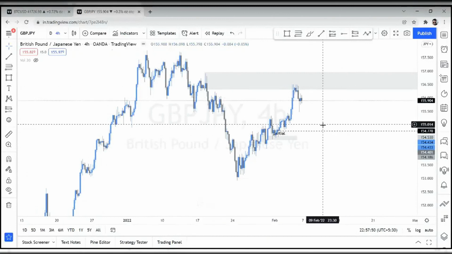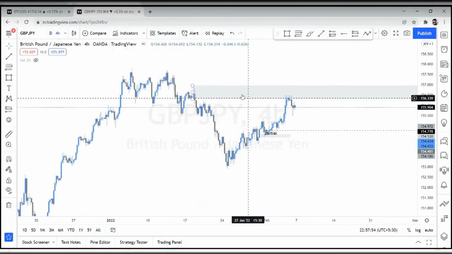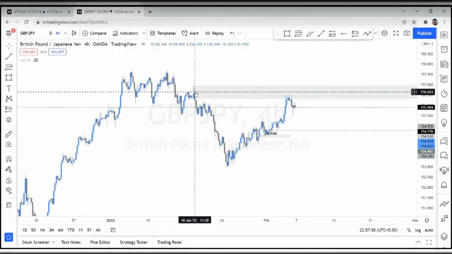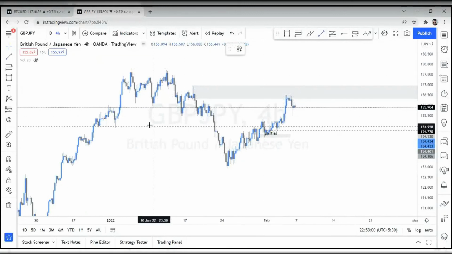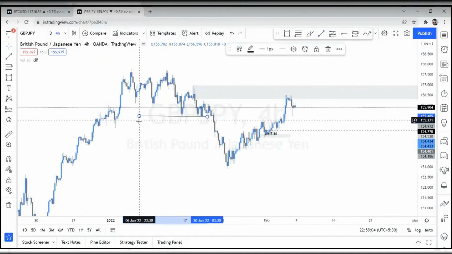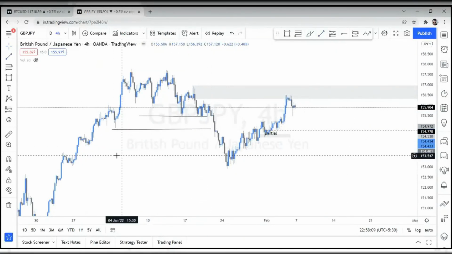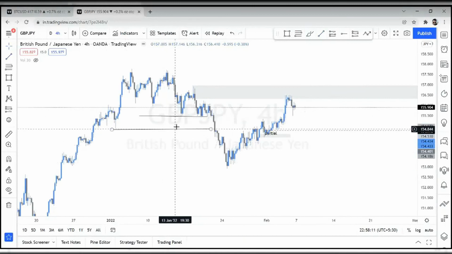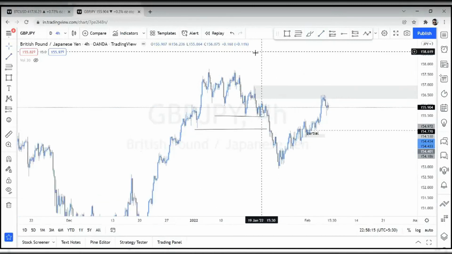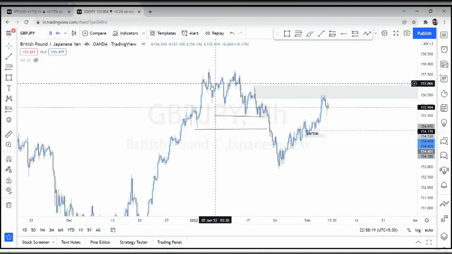But I hope you do understand why we made this zone for selling: because of the break of structure right here, and here. We are already turning bearish institutionally on this particular chart on a 4-hour time frame.